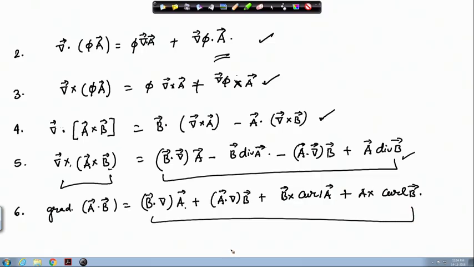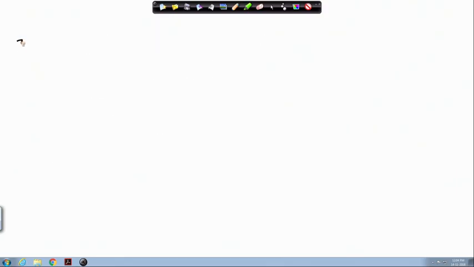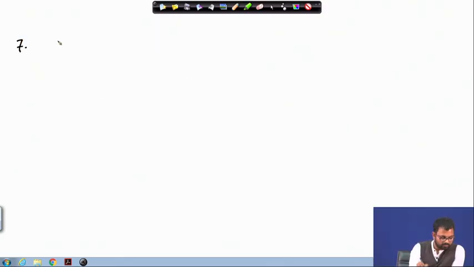This will also be a little bit tedious or long to do, but it is simple. Our next formula is divergence of gradient of phi.